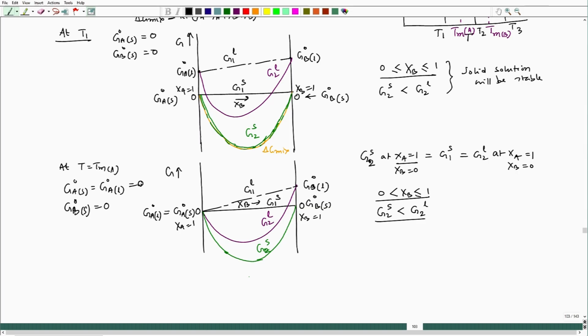So it suggests that, apart from XA equal to 1, the pure A composition, in all those cases the solid solution will be stable.